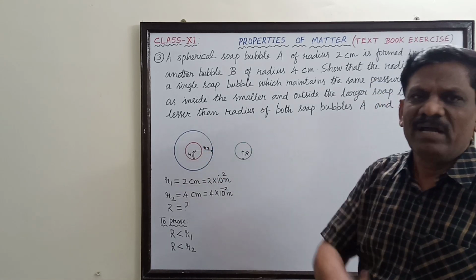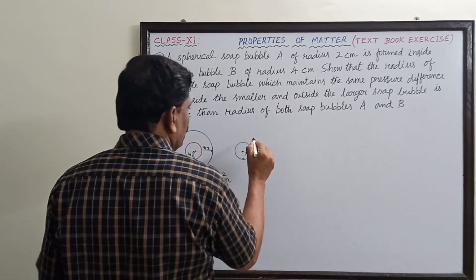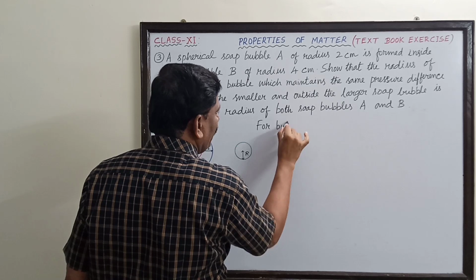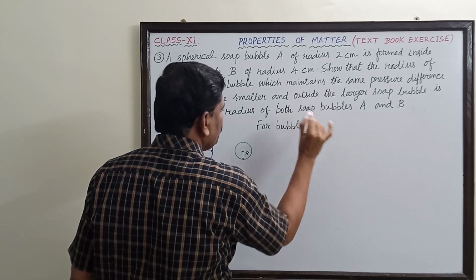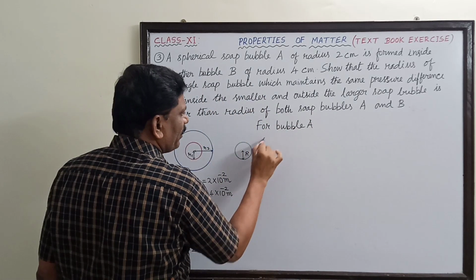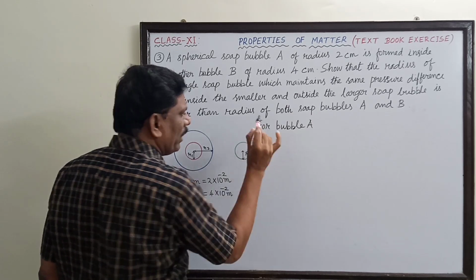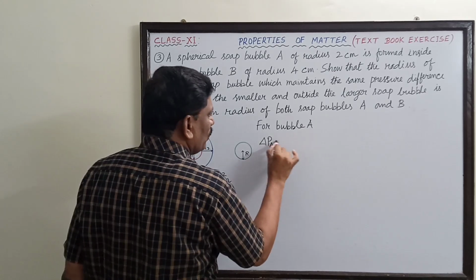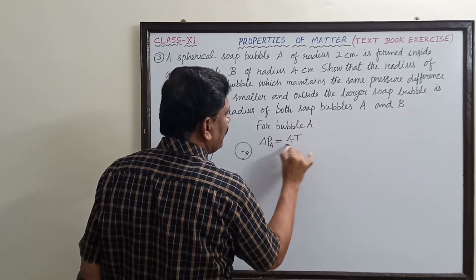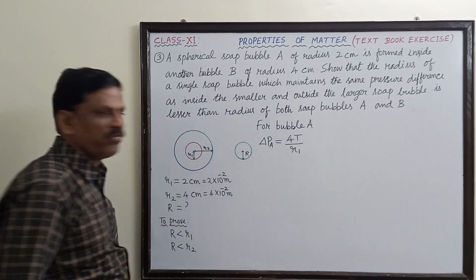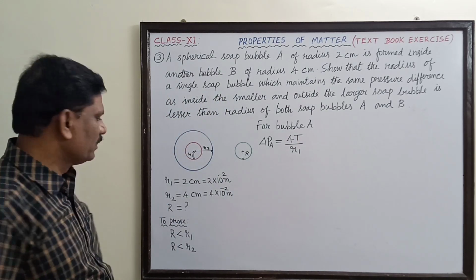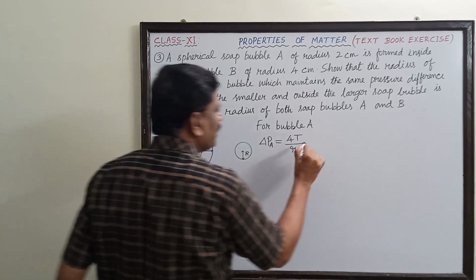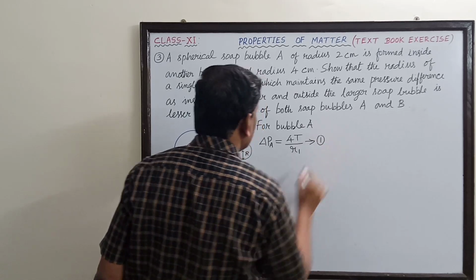So first, I will take the smaller bubble alone. For the bubble A, the pressure difference delta P1, or delta PA, is 4T divided by R1. So R1 is equal to 2 cm. Afterwards I am going to substitute. Let us take this as equation 1.